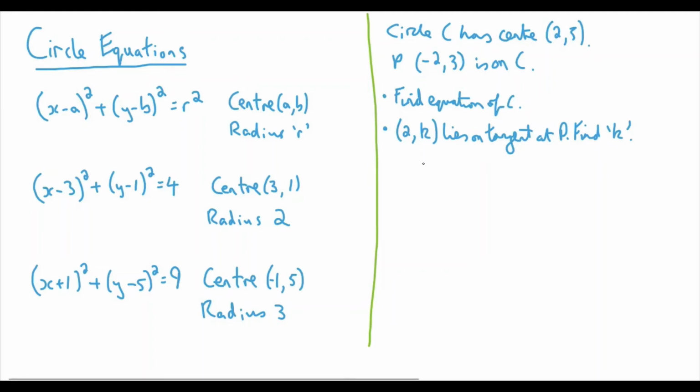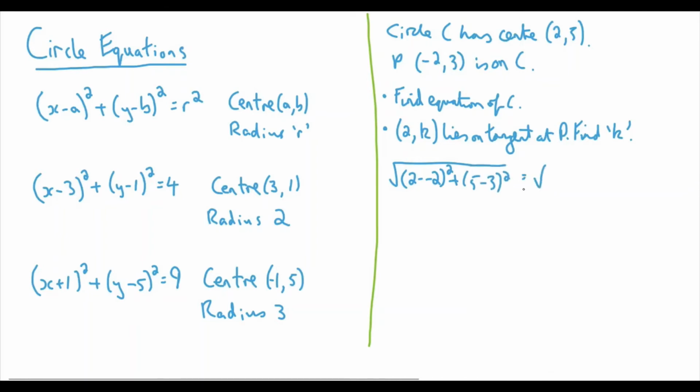Well, like we did in the previous example, because we have the centre of the circle and a point on the circle, we can work out the radius of the circle by getting the distance between these 2 points. If we do this, you have the square root of (2 minus -2) squared plus (5 minus 3) squared.